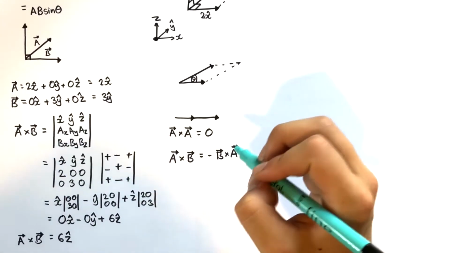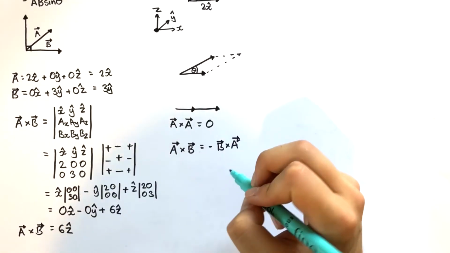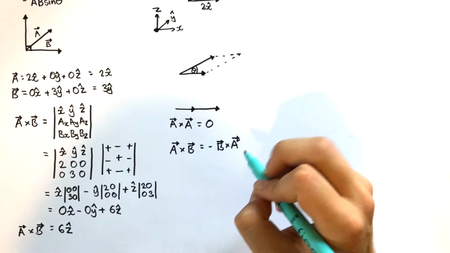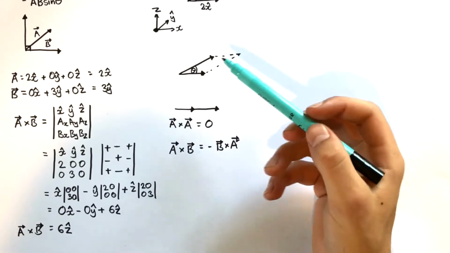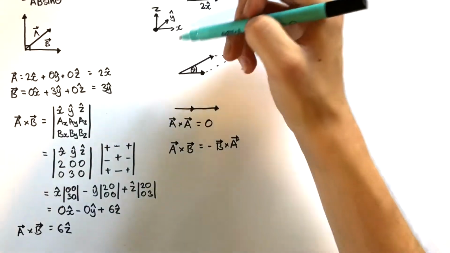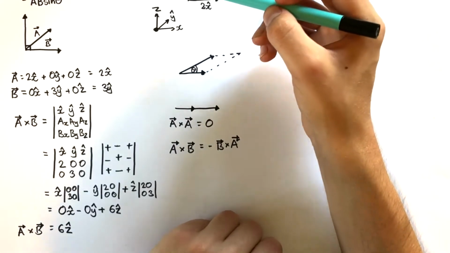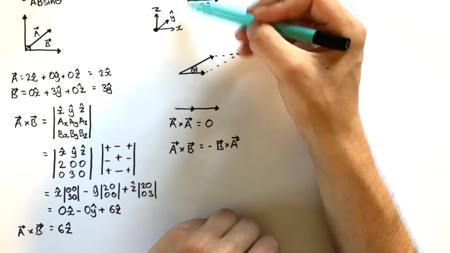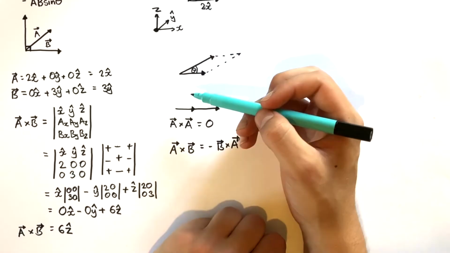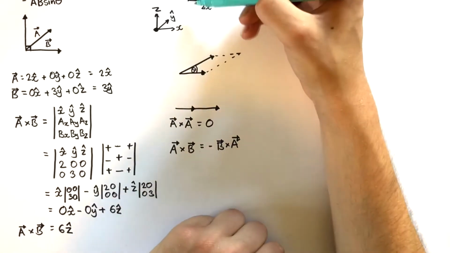Now, you might be able to see a bit of a problem with the cross product, because how do we know which way round the actual result is? Because it could technically be either that way or that way. We've chosen a little bit arbitrarily that it's going to be that way.